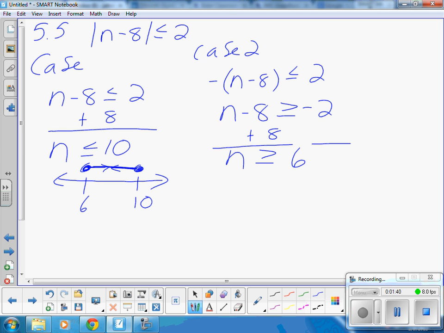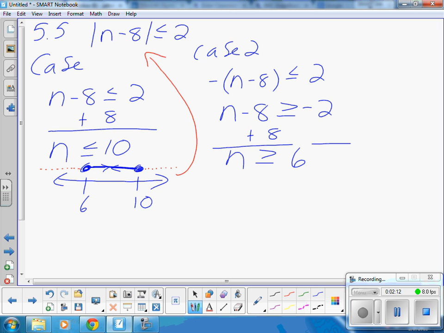Remember, I cannot go beyond what is common. I can't go out beyond here, even though that is less than 10. And I can't go out beyond here, even though that is greater than 6. Because when you go back up to the problem, if I choose a value greater than 10, say 12, 12 minus 8 is going to be 4, and the absolute value of 4 is not less than or equal to 2.